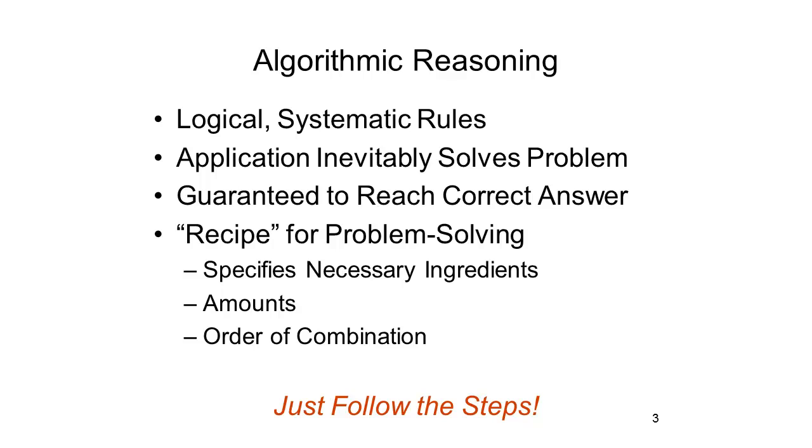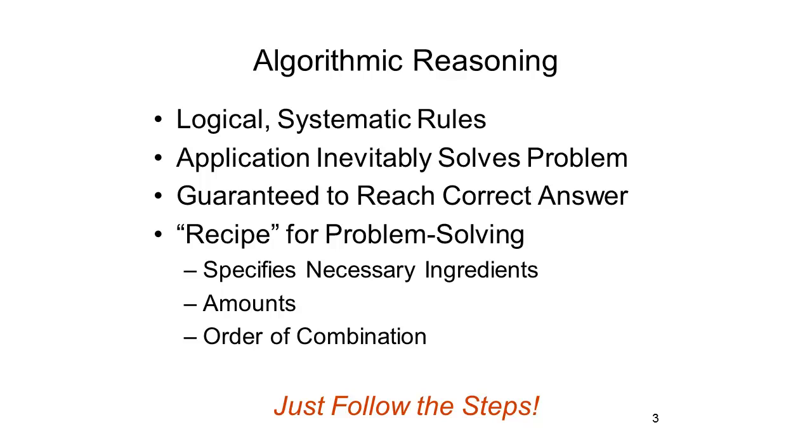An algorithm is a kind of recipe for thinking, for reasoning, for problem solving, for making a decision. If you want to make a particular dish for dinner, you look up a recipe which specifies the necessary ingredients and the amounts you need of each and the order in which you combine them, and you just follow the steps 1, 2, 3, and out comes a dinner.